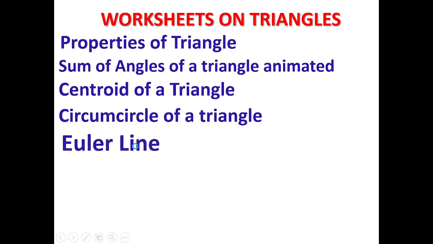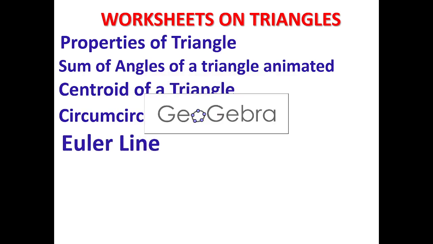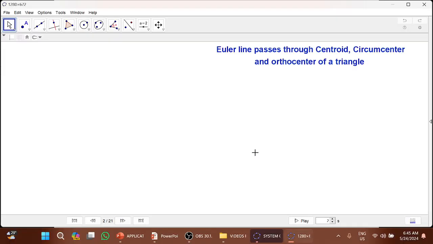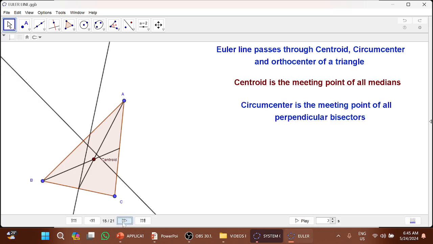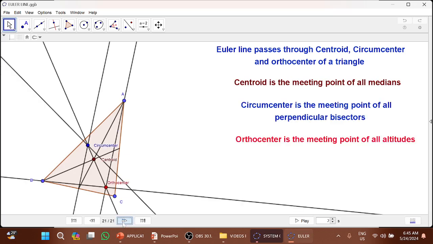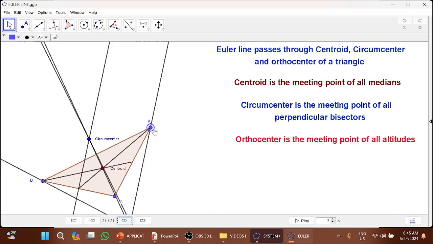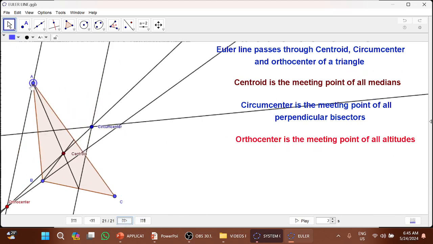Well, now the Euler line, this is actually a highly interesting idea. Now you can ask the child what they mean by the Euler line. It tells you a lot about the triangle, and you can show them that it passes through the centroid, circumcenter and orthocenter. I am showing you all, and this is the Euler line, and you can move it and show them how it is moving.